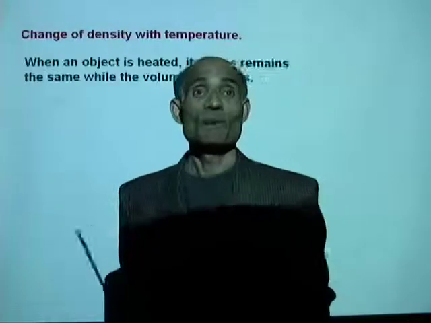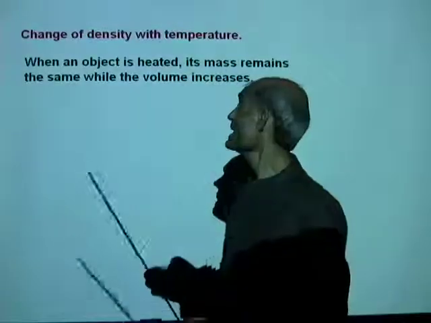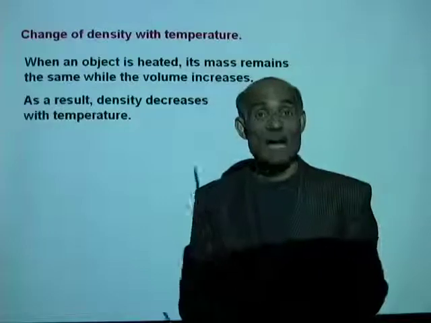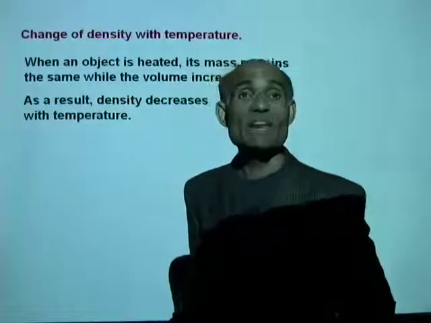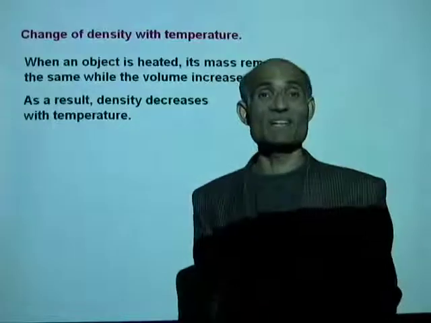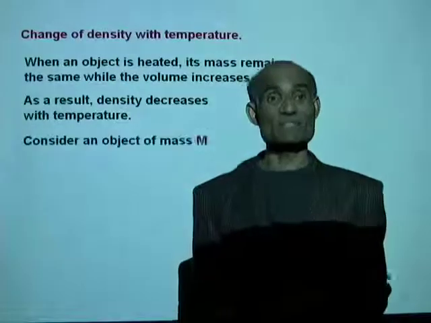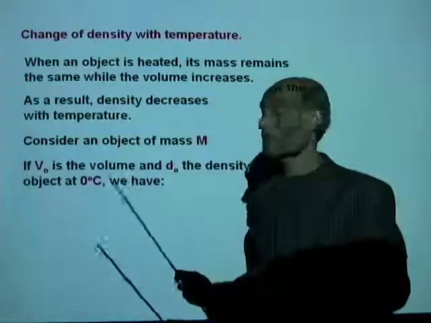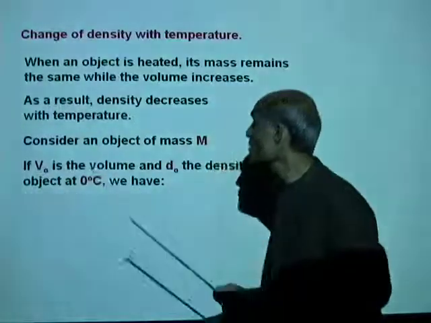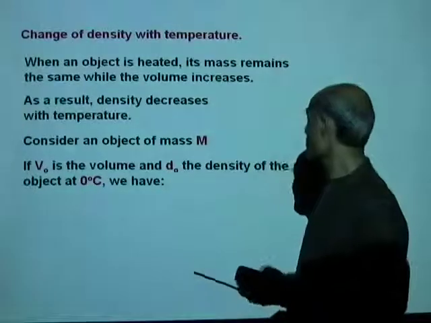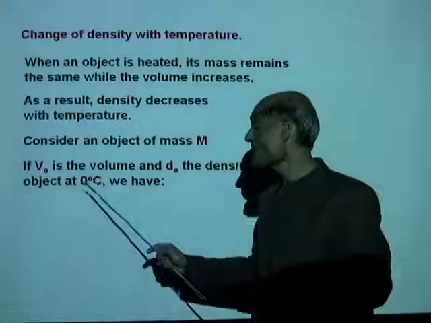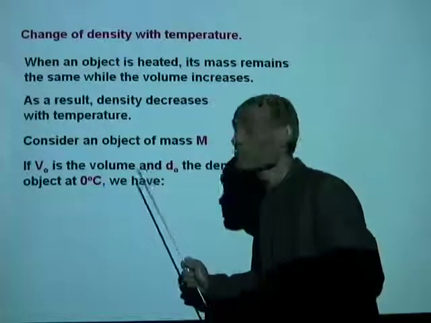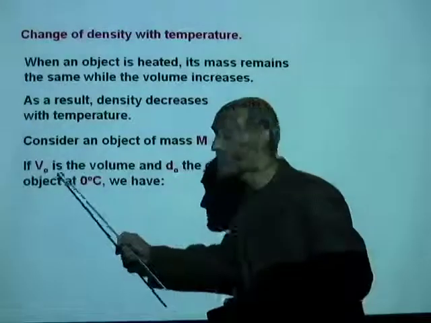Alright, when an object is heated, its mass remains the same while the volume increases, and as a result there will be a decrease in density as the temperature increases. Consider an object of mass m. If V0 is the volume and D0 the density of the object at 0 degrees Celsius, we can write D0 equal to mass divided by volume.